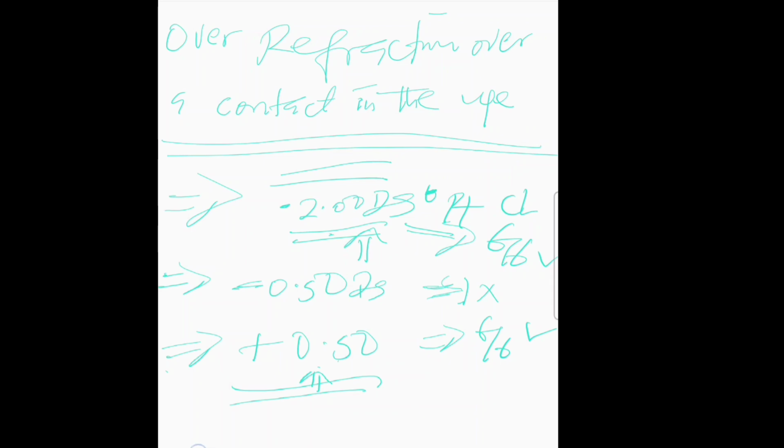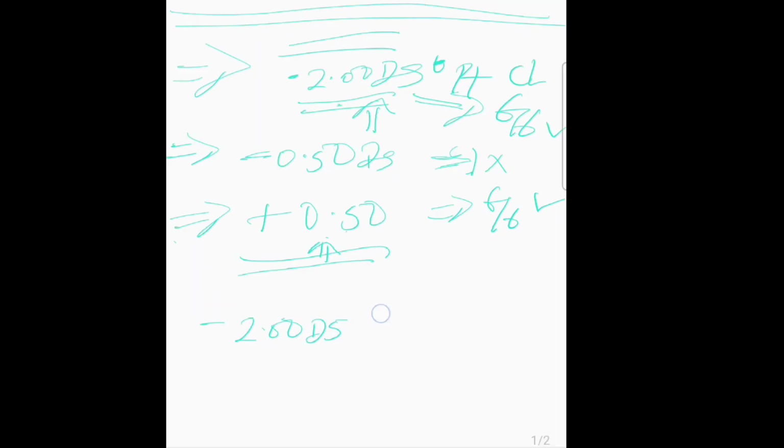So how do you do it? Minus 2.00 DS plus 0.50, which will give you the final prescription of the patient: minus 1.50. So this is the final prescription, but this plus 0.50 is the over refraction prescription.